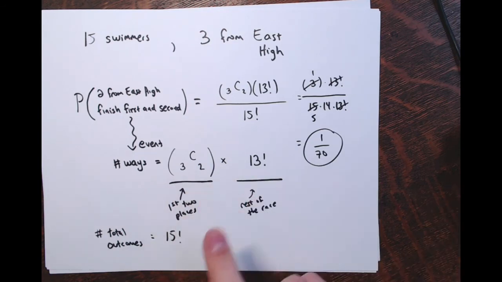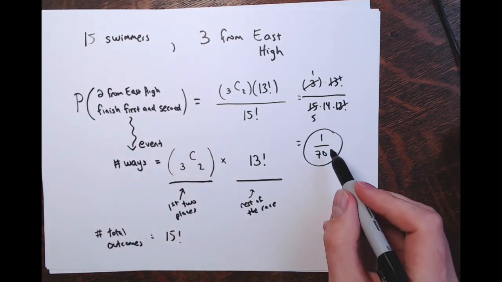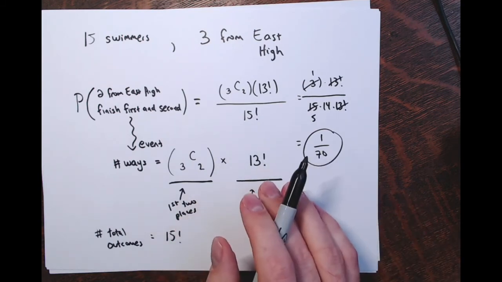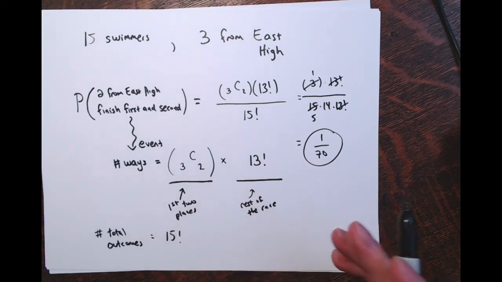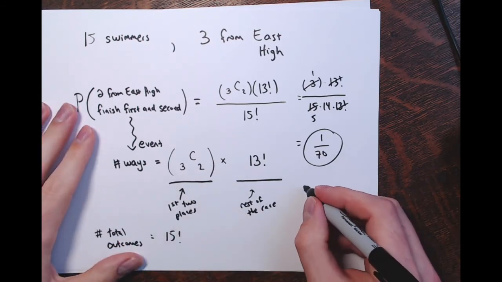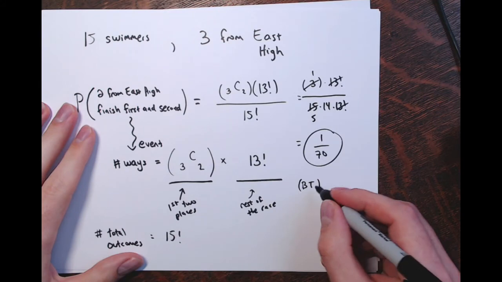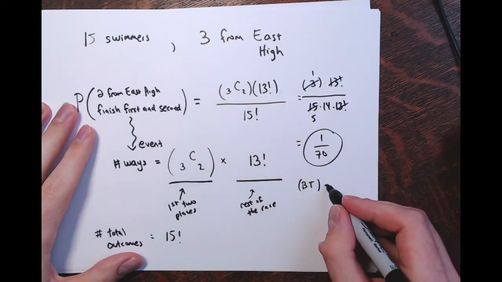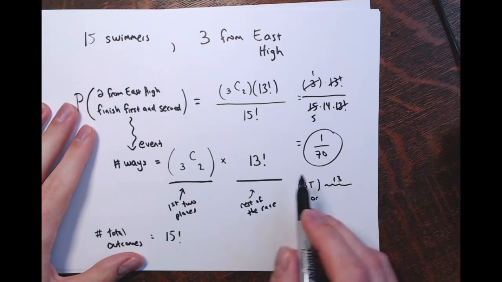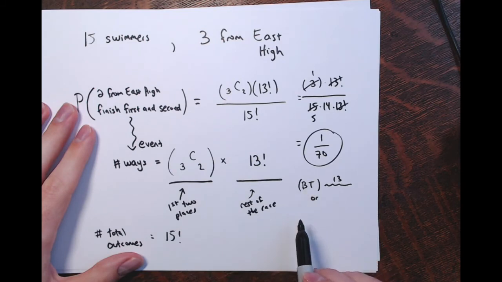But wait a minute. Before I enter that, I probably should have thought about this as if it were a race. So it is a race. If I think about this, say Bob and Tom are from East High, I'll say BT, and then you have the other 13 swimmers. Okay, order, I apologize.